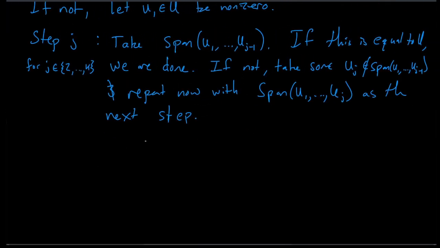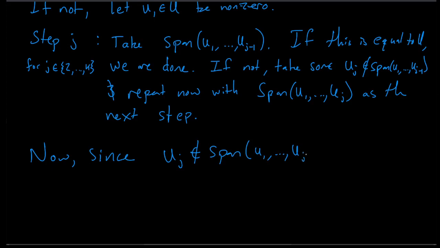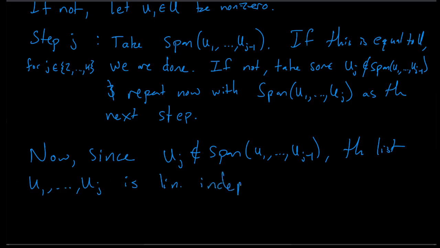Here is why this terminates. Since uj is not an element of the span of u1 up through u j minus 1, the list u1 up through uj is linearly independent. Kind of nice, right?